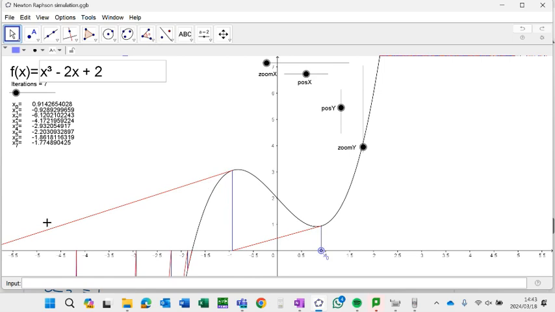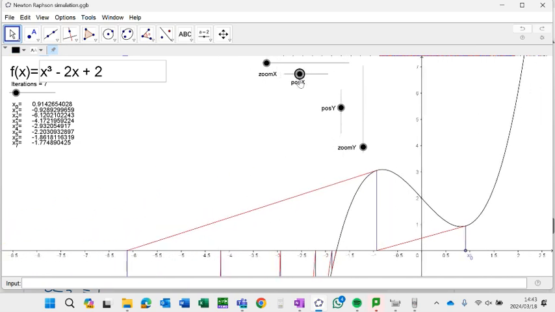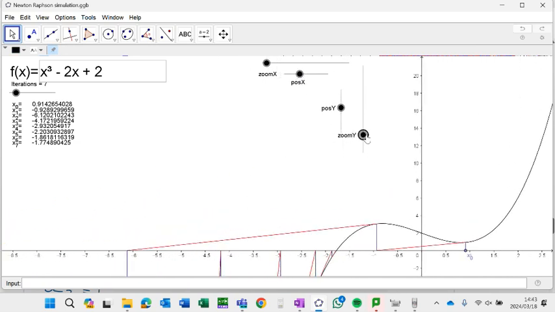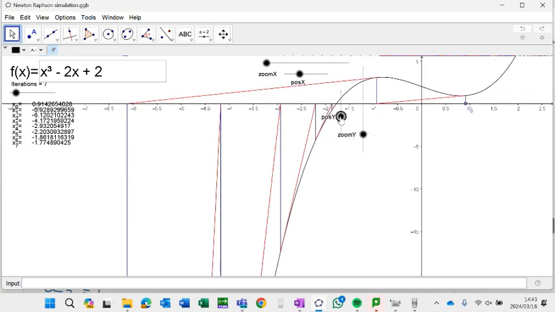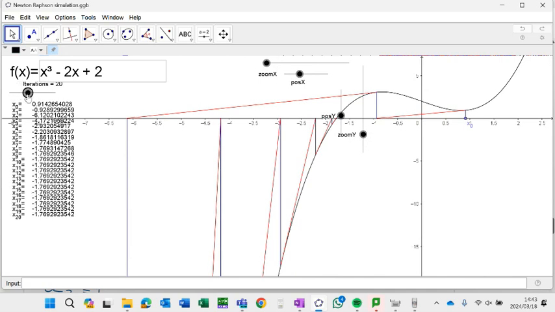Our third guess is actually awful, just because of the shape of the curve. But if we just do that and that and that, eventually it comes back and finds the actual answer. Notice I'm making the answer more and more accurate. It's kind of zoomed right in there.